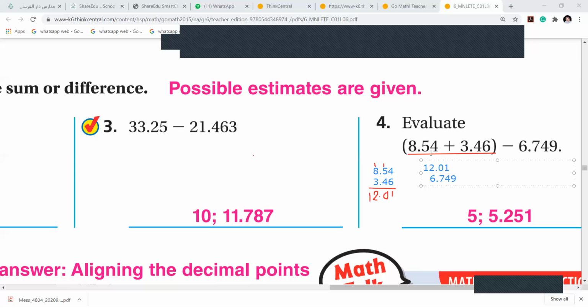I need to minus with 6.749. When I minus with 6.749, I get 5.251.